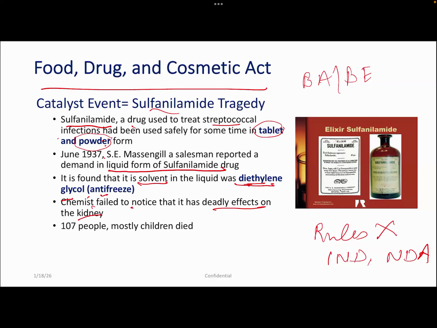Why didn't it come into his mind that he should also test the solvent? Because there was no regulation. Even today, if you are changing a formulation, you have to prove it again, you have to submit statistically significant data, and only then will your drug or product be approved. Because of that, 107 people died, mostly children. By the time they were able to inform the doctors and other people, the damage was already done.